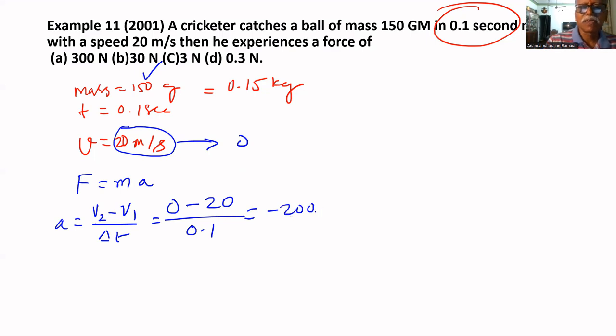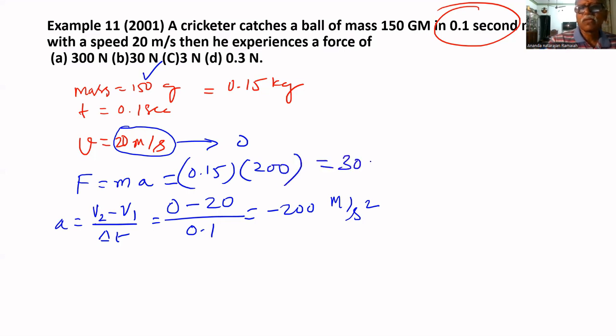That is retardation, minus 200 meters per second squared. If you substitute, force equals 0.15 multiplied by 200, that is 30 Newton. Therefore, B is the answer.